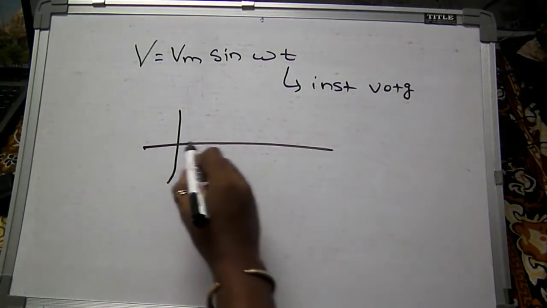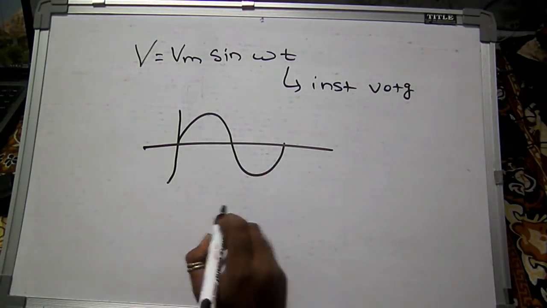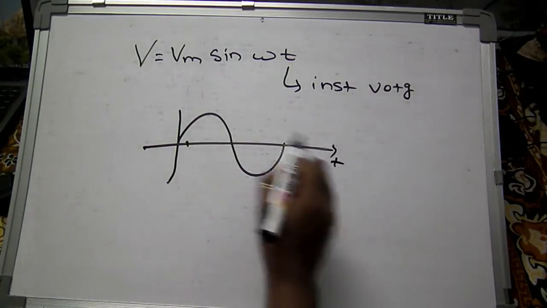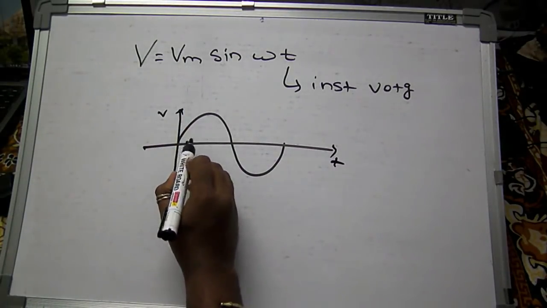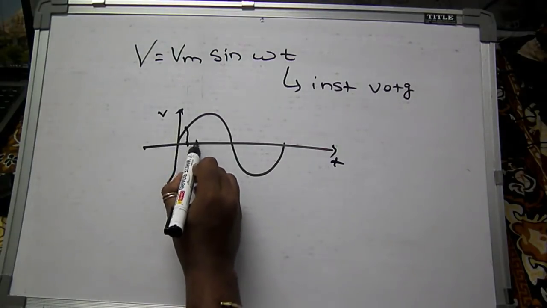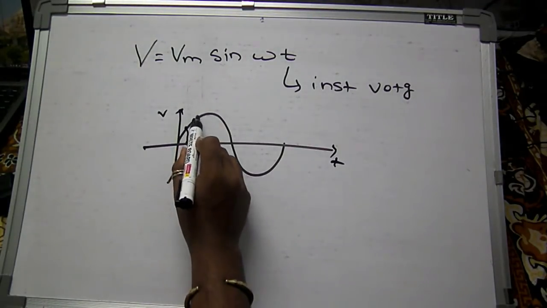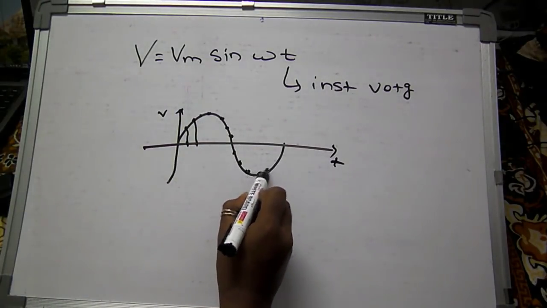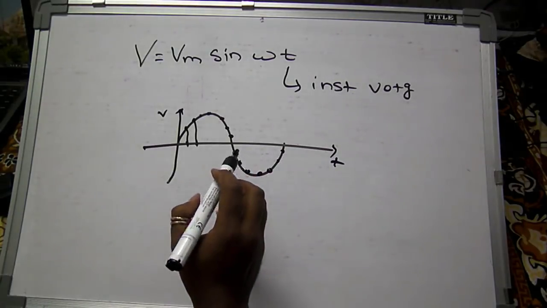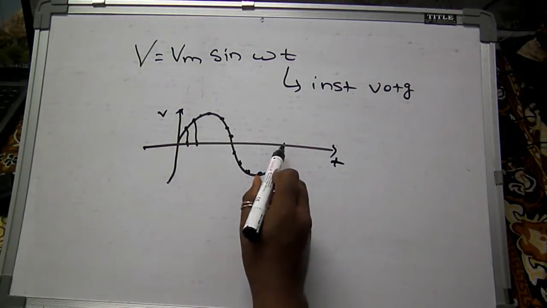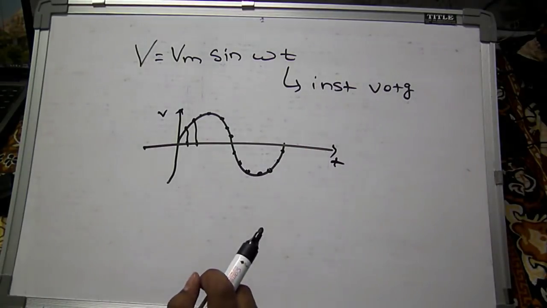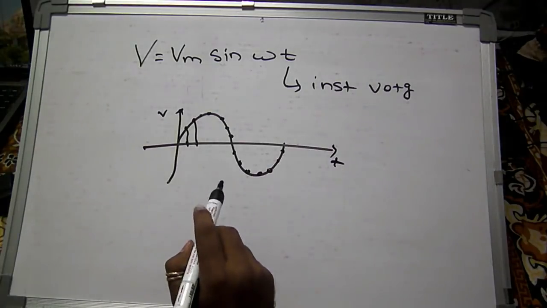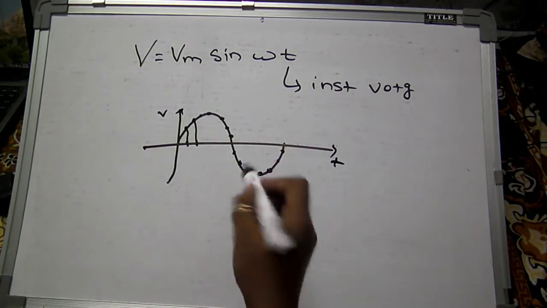Instantaneous voltage means if this is a graph, this is a wave, then at every instant, at this time, this is the time axis, this is the voltage axis, at this time there is a particular voltage, at this time there is a particular voltage, and at every point there is some voltage or other. So it is very difficult to represent this whole wave in terms of one number. We have many such instantaneous voltages. So how can we represent this whole wave in one number?